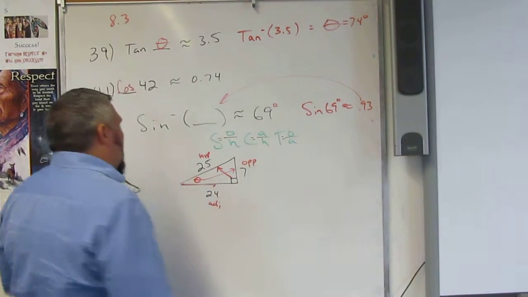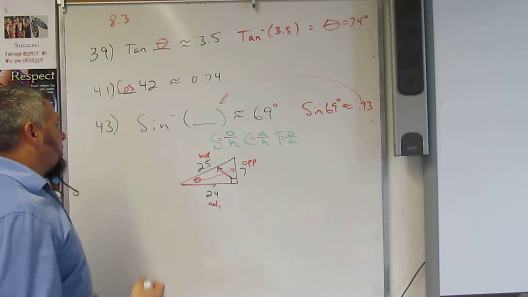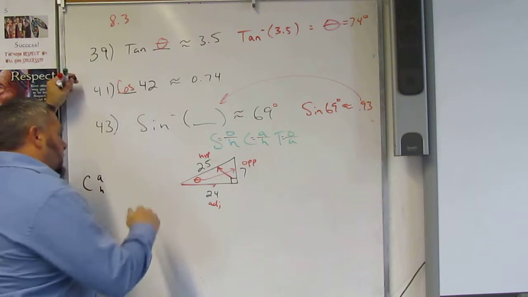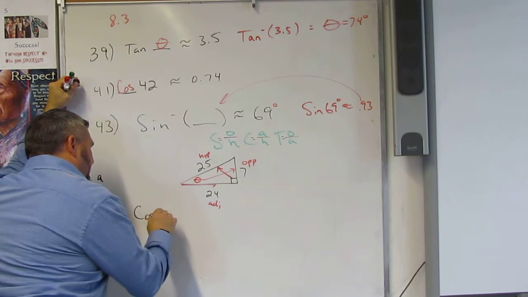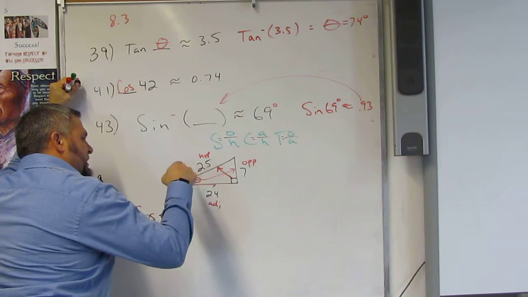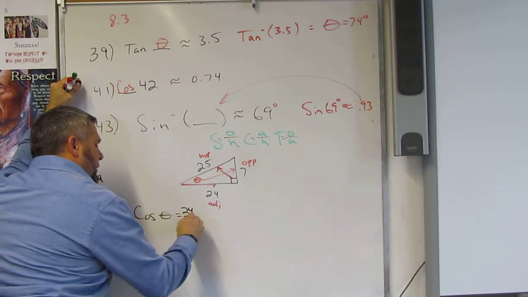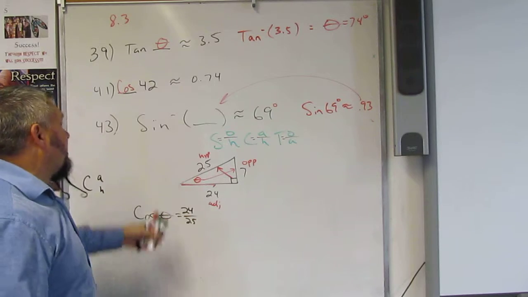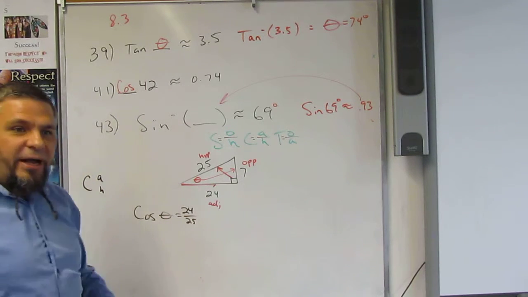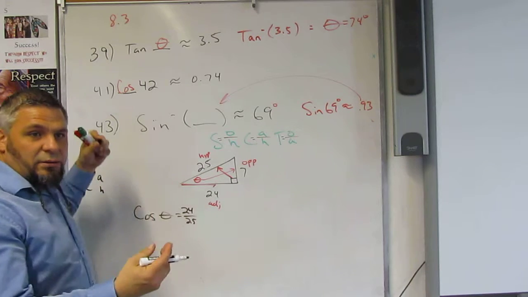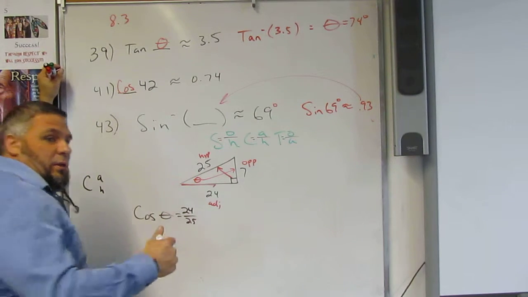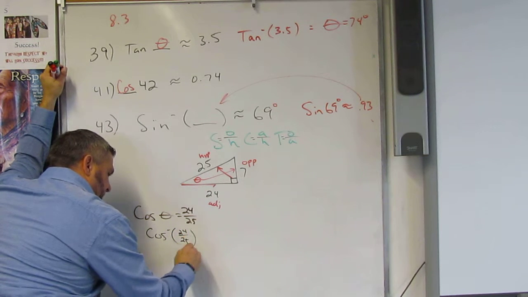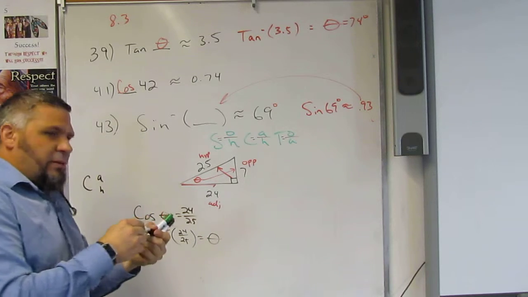Thank you. So with cosine, I know that's adjacent over hypotenuse. So the cosine of theta is equal to adjacent 24 over hypotenuse 25. And this is exactly what we're doing up here. If I want to find the angle, I have to find the inverse. So I take cosine inverse of 24 over 25 to be theta.